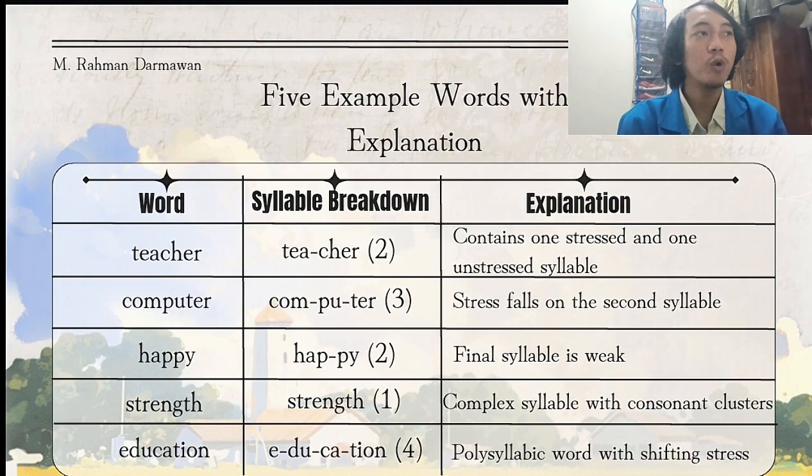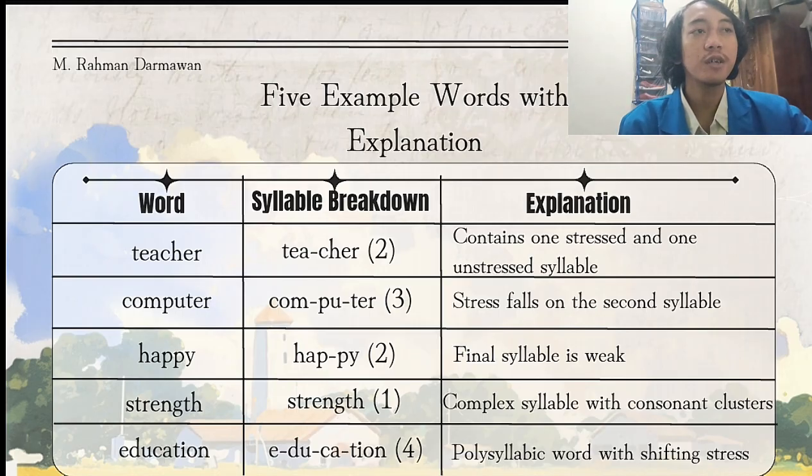Five example words with explanation. For the word teacher, the syllable breakdown is two, tea and cher. For the explanation, it contains one stressed and one unstressed syllable.